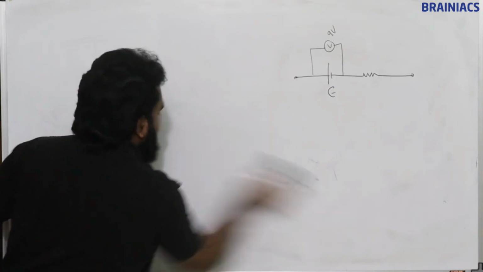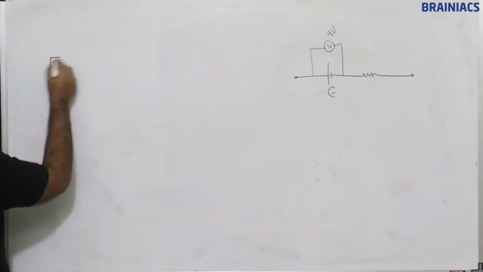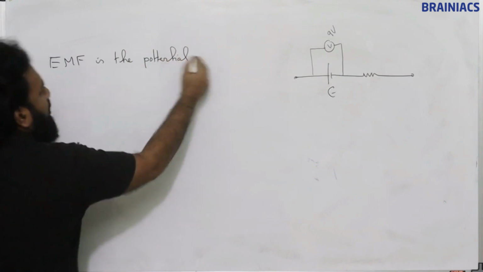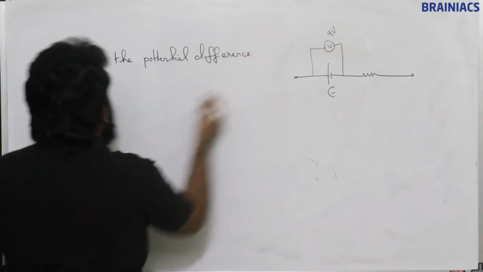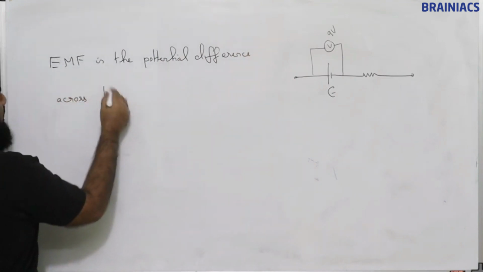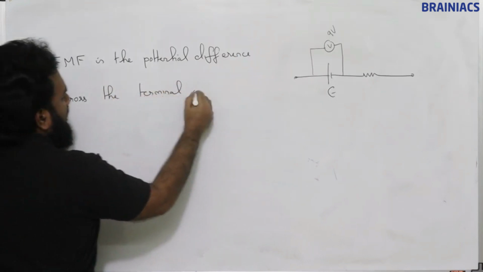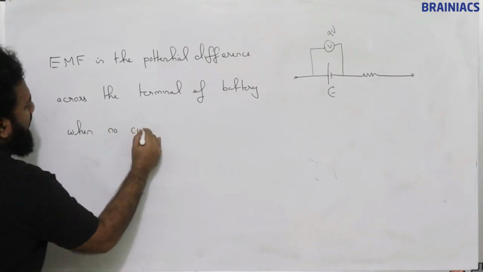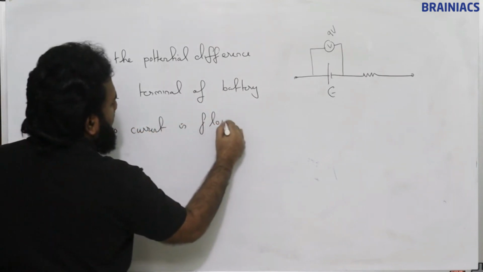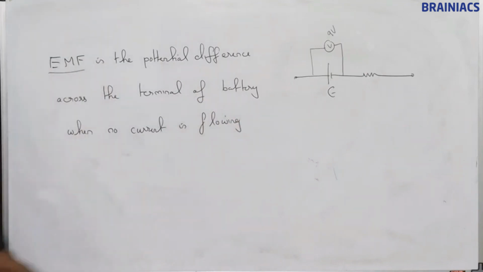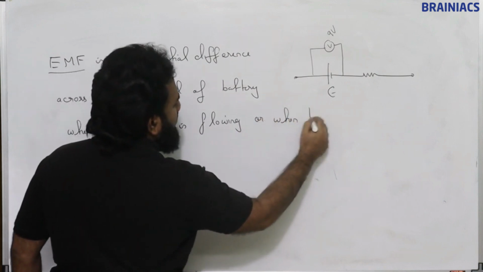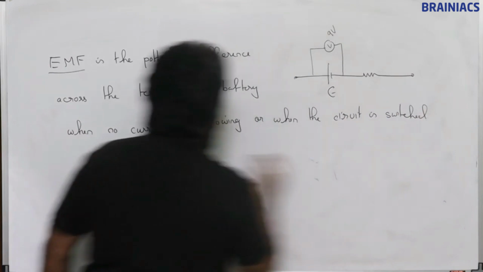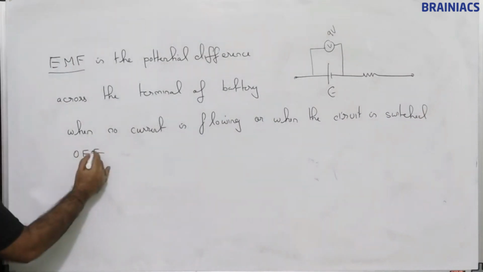From this we can say: EMF is the potential difference across the terminals of a battery when no current is flowing, or when the circuit is switched off.